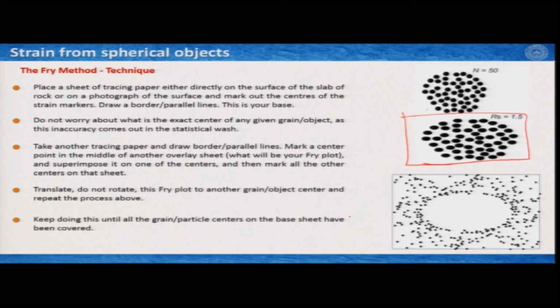Now, the method is described here: first of all you trace these individual ellipses and mark their centers on a piece of paper, and then with another piece of tracing paper you move from one point to another in such a way that once you keep a single point on one center, you mark on the tracing paper all the centers that are visible.